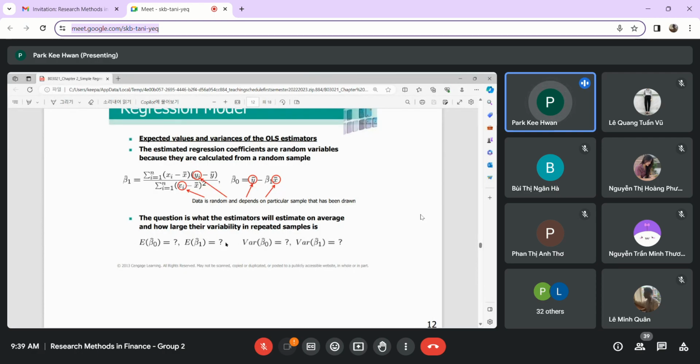And we will also ask another question: what is the variance of beta naught hat, and what is the variance of beta 1 hat? Since beta naught hat and beta 1 hat are random variables, they have a mean and a variance. So we will talk about the respective mean and variance of these two random variables.